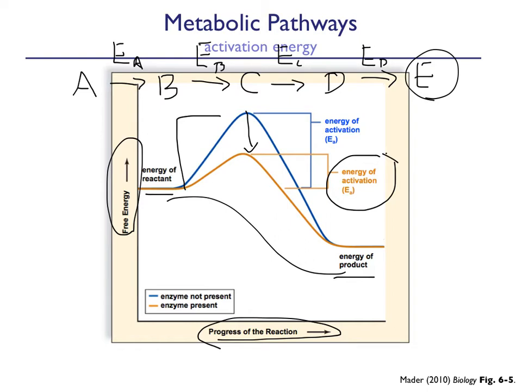Why are so many different enzymes necessary? Enzymes are very specific to the substrate or the reactant that they work with. So enzyme A only works with reactant A. Now enzymes, as we've talked about before, are almost always proteins.